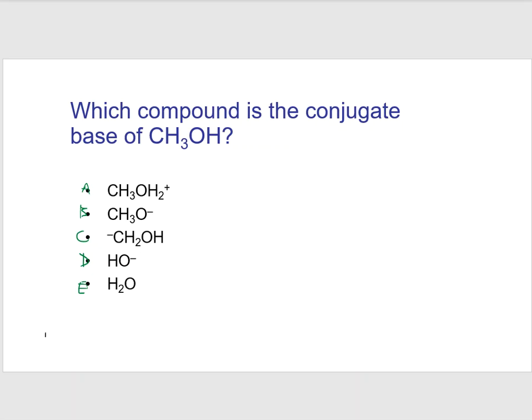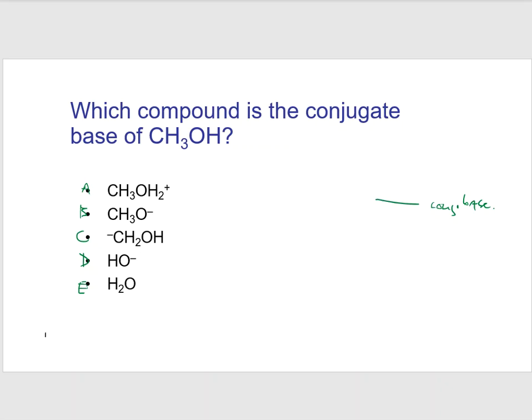Okay, so conjugate acids, conjugate bases, acids, bases. What does it all mean, right? That's the thing that people are confused with. So this is what I would suggest that you do. Over here to the side, you write down that you are after the conjugate base.